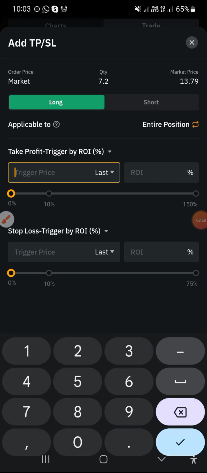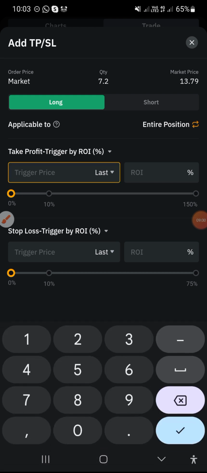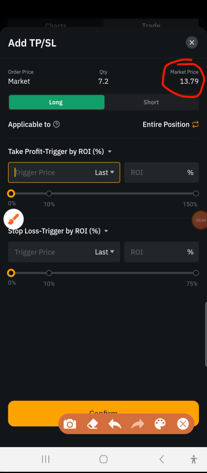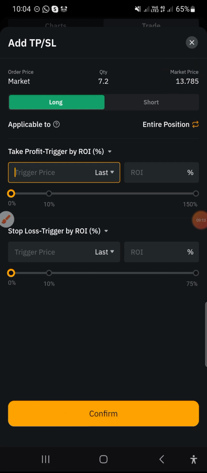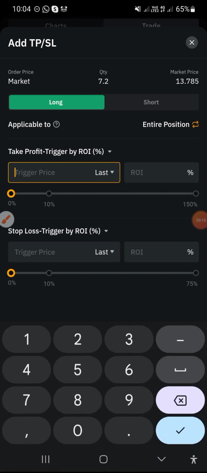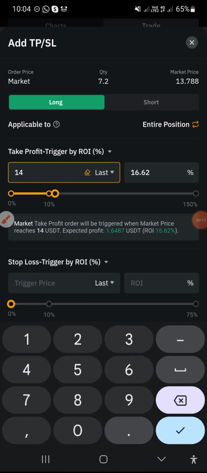So you come here and set this. Let's say you want to take profit when the market, see, this is the current market price. You want to take profit when it is 14.0. So you can just come here, type the take profit trigger and put 14.0. That means you are taking about 16% profit, or at 14.1, you are taking 23% profit.